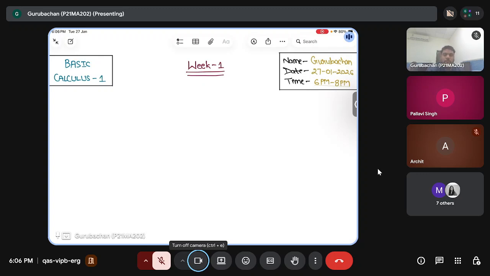So before starting with the problems, I would like to recall some notations, then we will focus on our problems. So these are some basic notations. First of all, this phi set is denoted for the empty set.